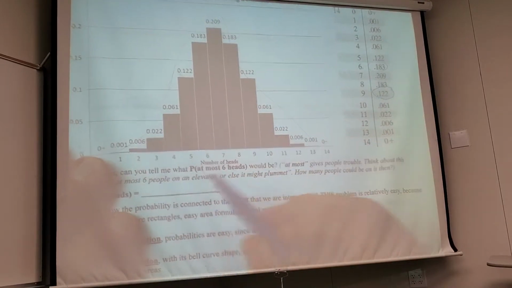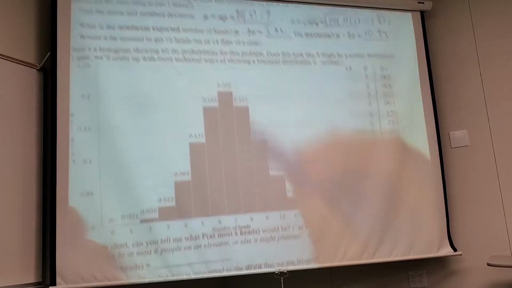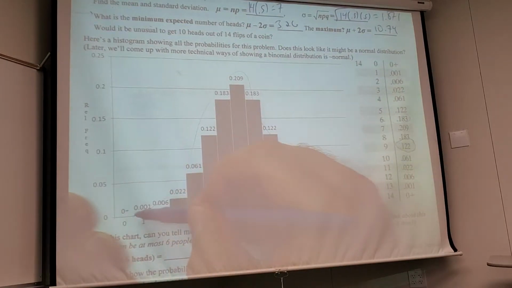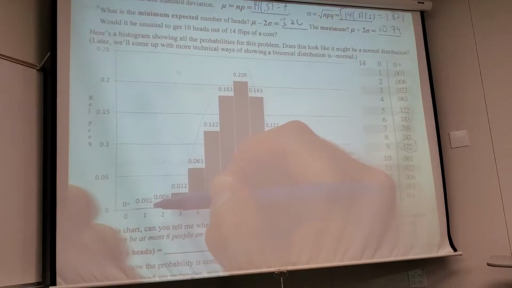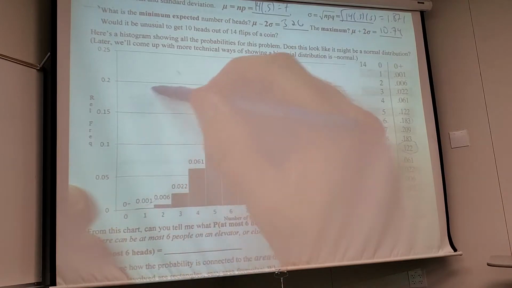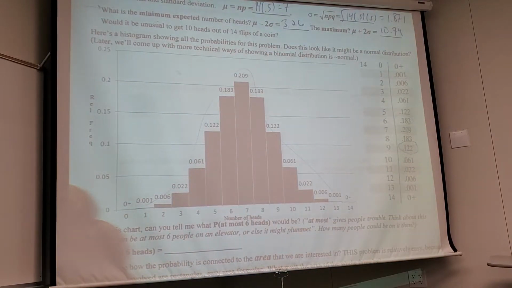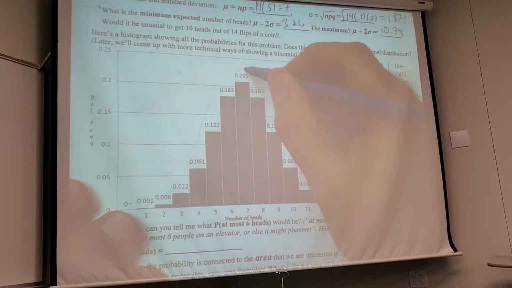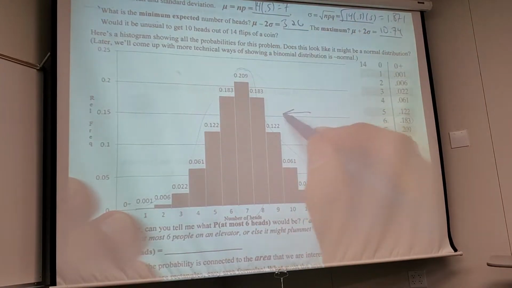One thing to realize is, where's the mean on this picture? The mean was 7, there it is, right? What if the mean had been 1? Would there have been a chance for it to look normal? It would have started high and gone low. It would have looked skewed right. It wouldn't look normal. So it seems one condition is that the mean has to be closer to the middle.